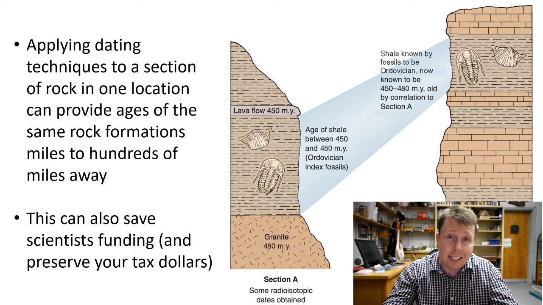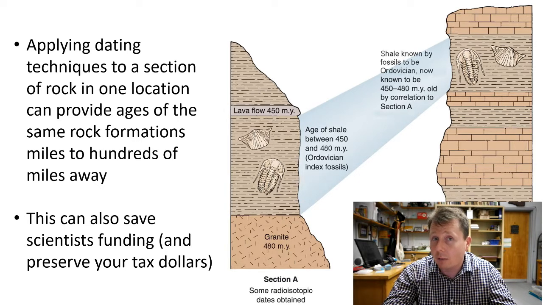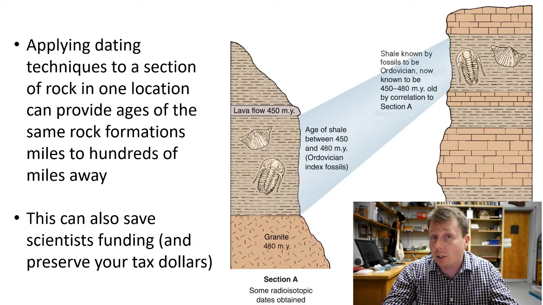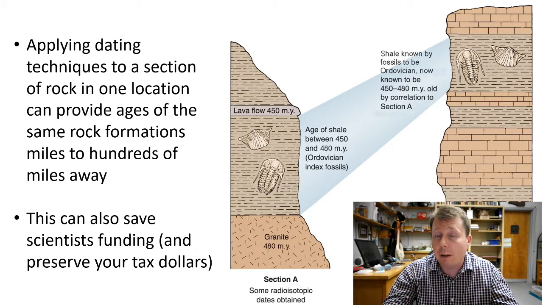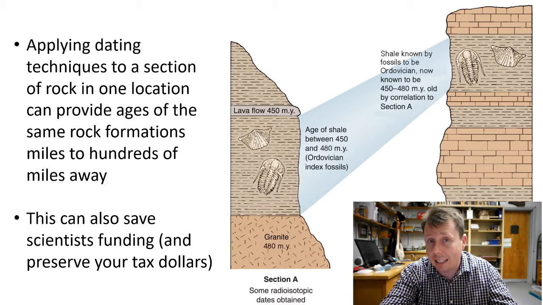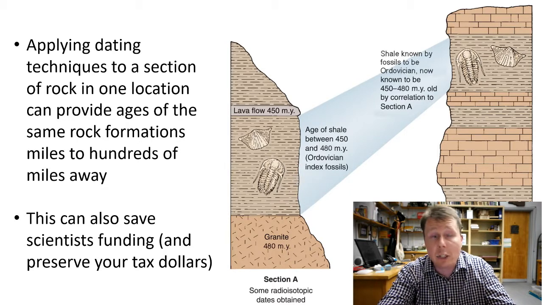And the bonus here is if there are fossils in there, and those fossils have a very limited window of geologic appearance and were widespread all across the Earth, then we can make those fossils index fossils and give them an exact age. If we find those fossils in other sections of rock anywhere else in the world, we know that the rocks have to be of the exact age that the radiometric dating said. But at the same time, we don't have to go back into the lab.